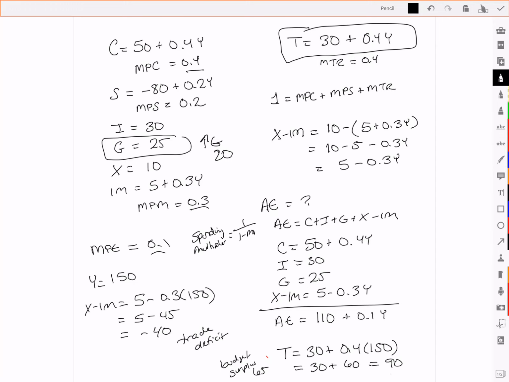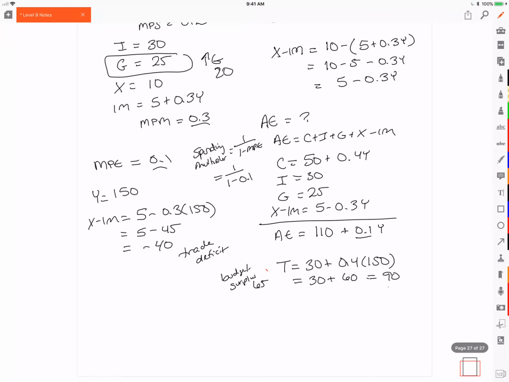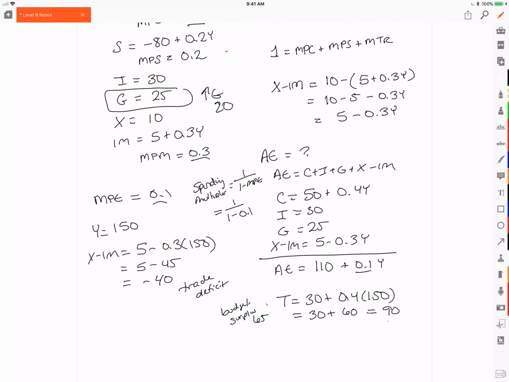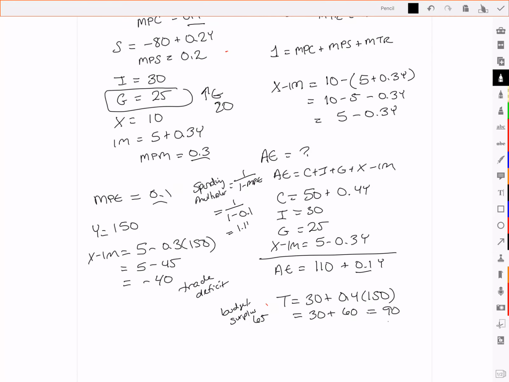And our MPE is the slope of the aggregate expenditure function. So we take 1 over 1 minus 0.1, which is 1 divided by 0.9. And 1 divided by 0.9 is 1.11.